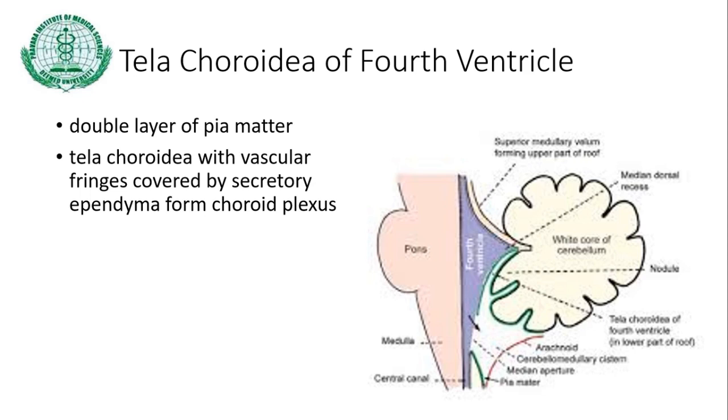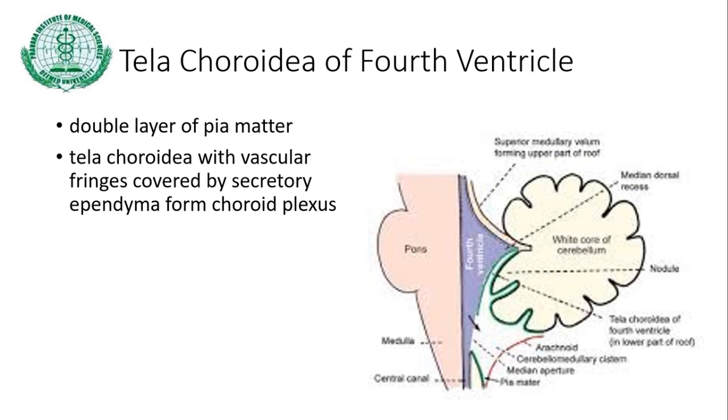Now moving on to the tela choroidea of the fourth ventricle. It is formed by a double layer of the pia mater, which occupies the interval between the cerebellum and the roof of the fourth ventricle.